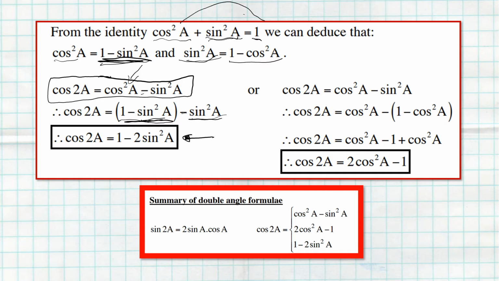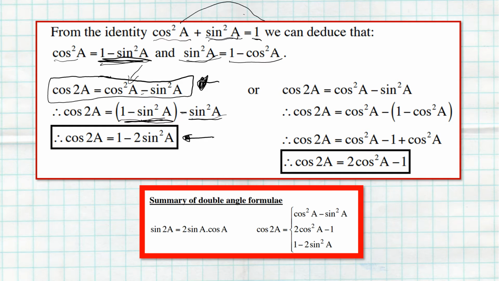Of course, although this is the standard one, you need to know this first, right? Then you can know these other two that can be produced, because if you know the first one, it should be easier for you to know this. The other formula that can be deduced is that cos 2a can also be written as 1 minus 2 sine squared a, and you need to know this formula.